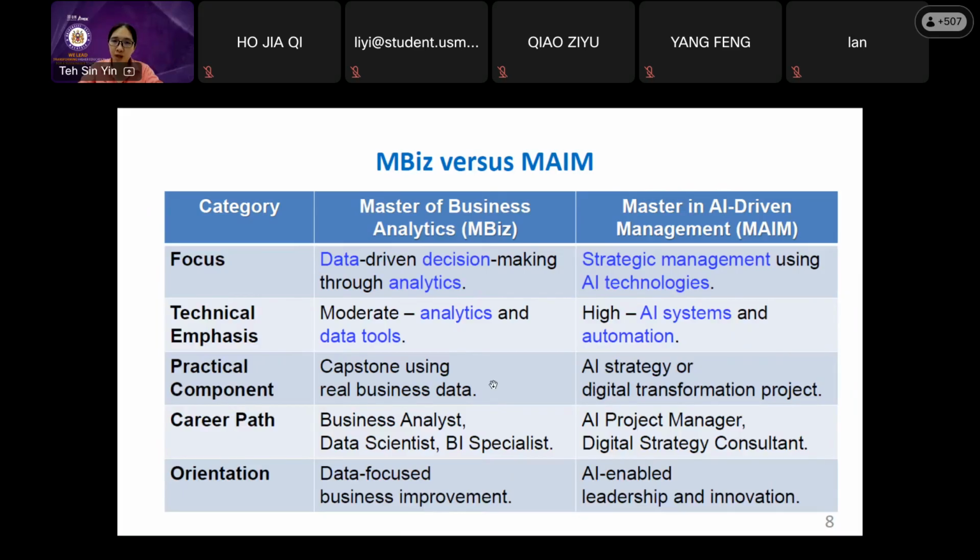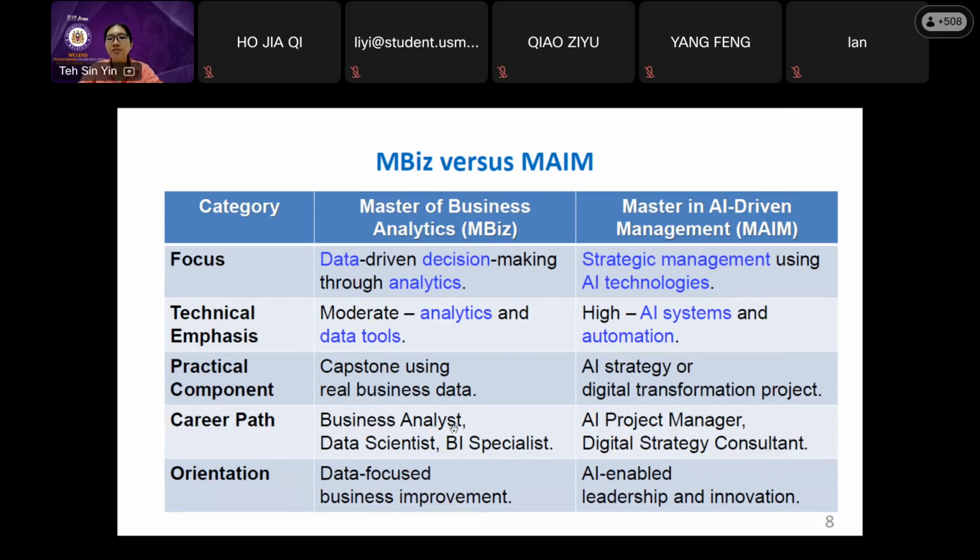Eventually, the career path for a Master of Business Analytics student is you can become a business analyst, a BI (business intelligence) specialist, or sometimes, if you are very good at hands-on work, a data scientist as well. But for MAIM, they are more focused on AI project manager and digital strategy consultant roles.